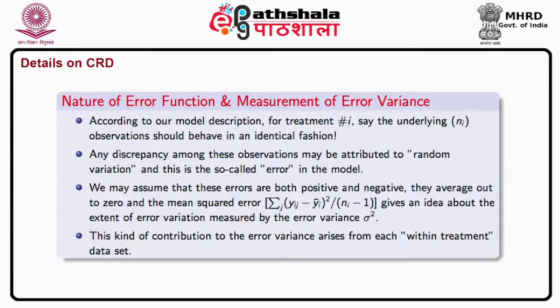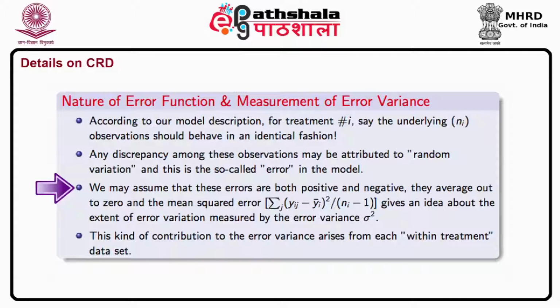Now, here is the nature of the error function and measurement of error variance. According to our model description, for treatment number i, the underlying n i observations should behave in an identical fashion. Any discrepancy among these observations may be attributed to random variation, and this is the so-called error in the model.